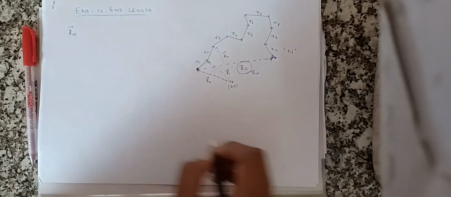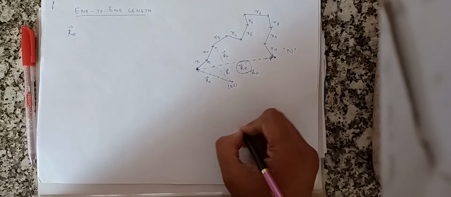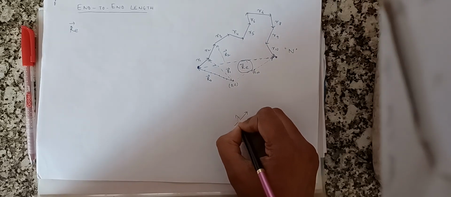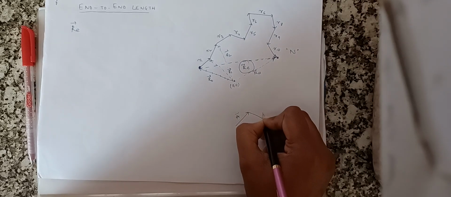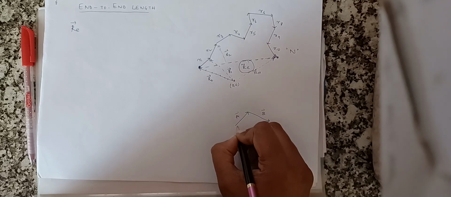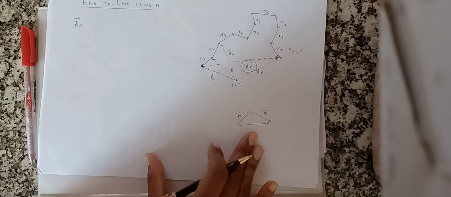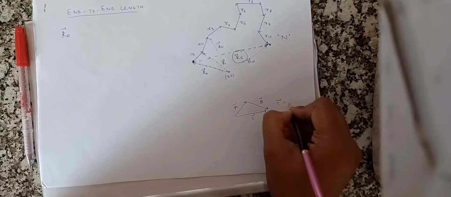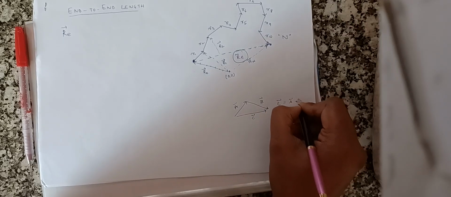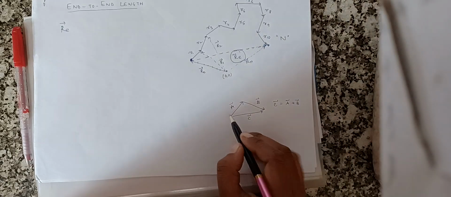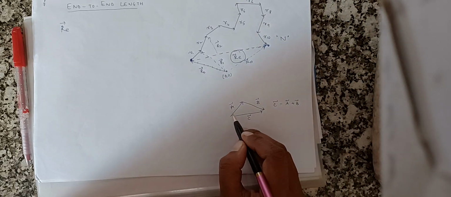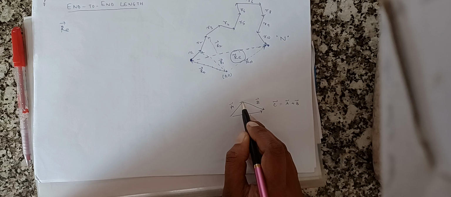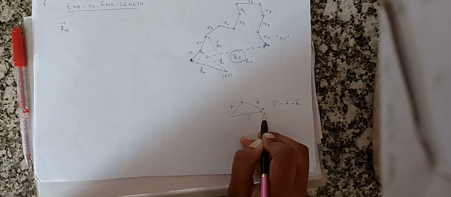From the triangle law of vector addition, you know that suppose this is one vector, vector A, this is another vector, vector B. The triangle law of vector addition tells me that this vector, vector C, is going to be the addition of the first 2 vectors. So the thumb rule is that you maintain the directions.